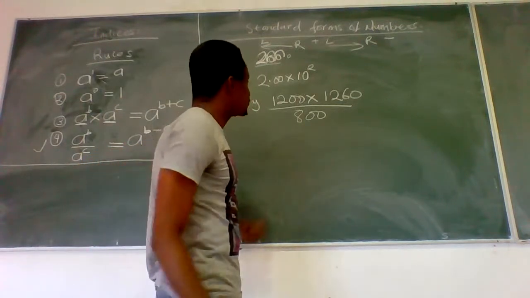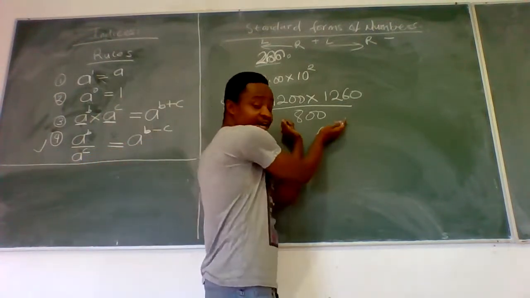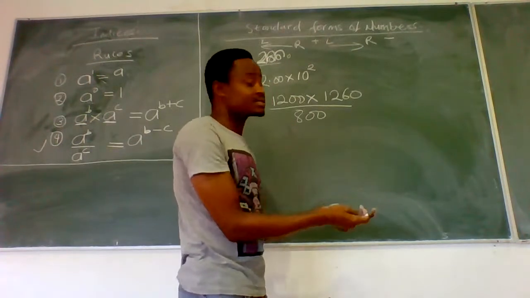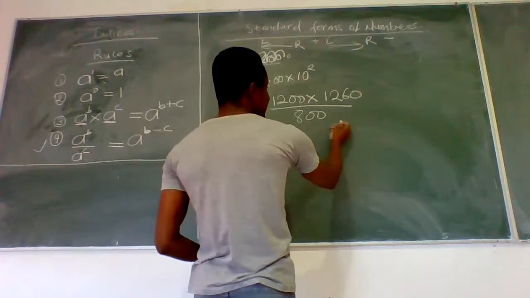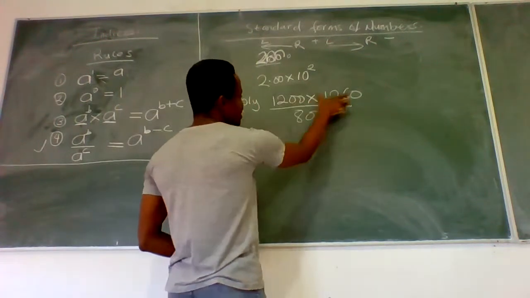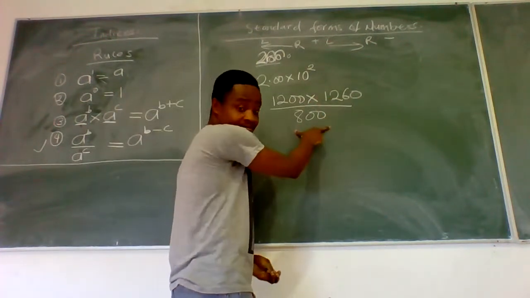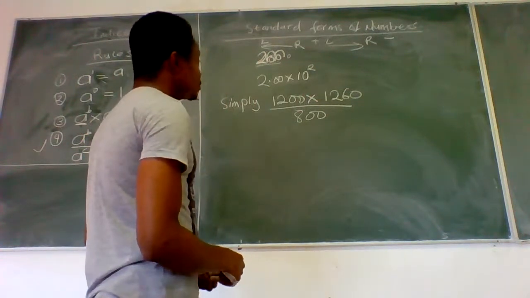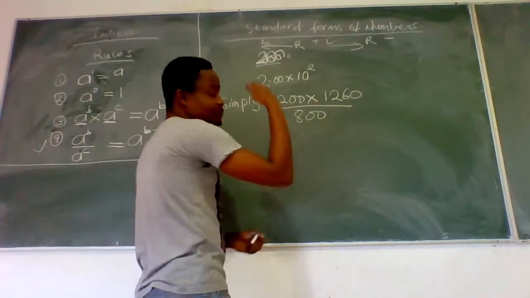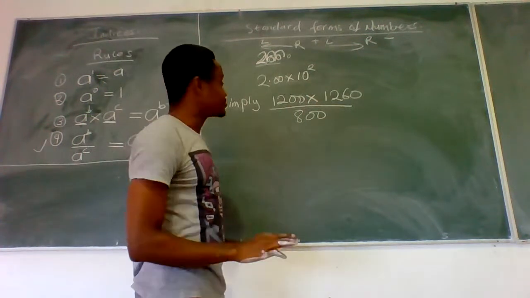So first of all, what you have to do is simplify this and then leave your answer in a standard form. You first multiply this and then divide by 800. Or you can convert it straight to standard form and then simplify.